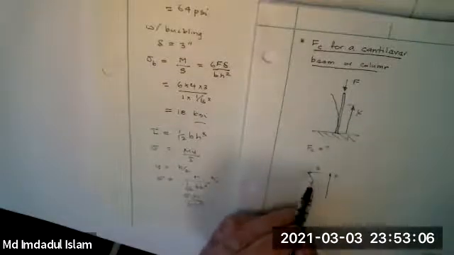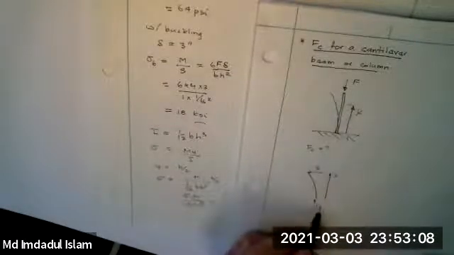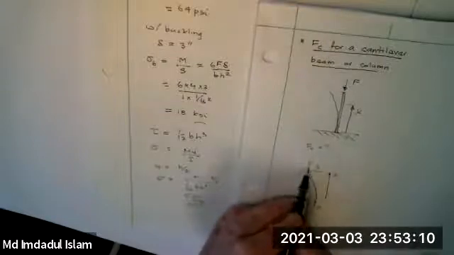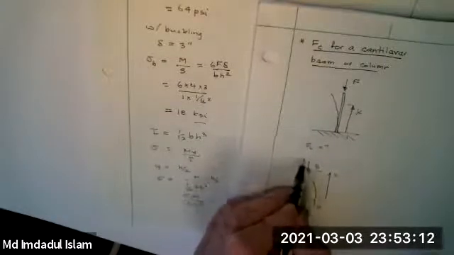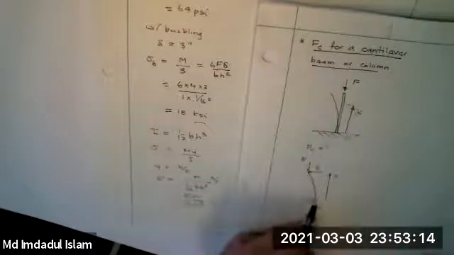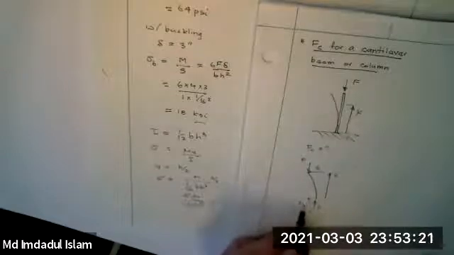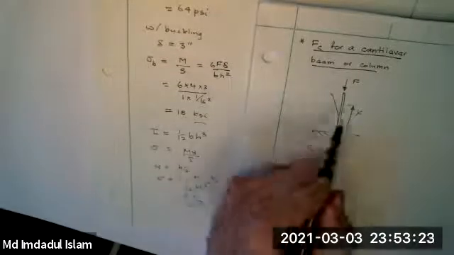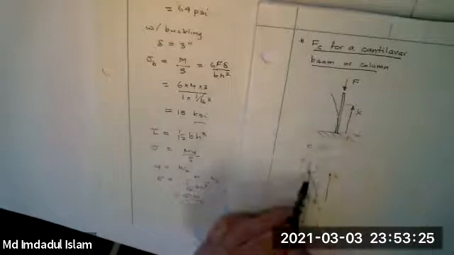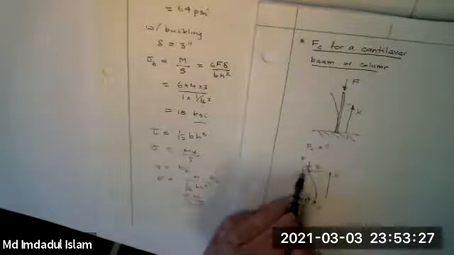There'll be a reaction F, which will be equal and opposite to the applied load F. But at this end here, to stop this thing rotating, there'll be a moment. And in general, when I'm at height X, not at the top, there'll be some bending moment here too.